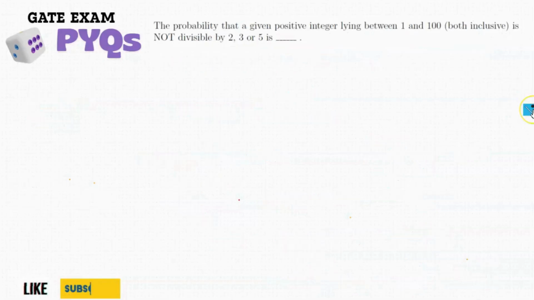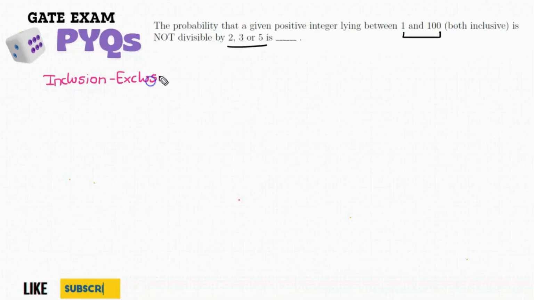In this question, we have to find the probability that a given integer lying between 1 and 100 is not divisible by 2, 3 or 5. So here we have 3 cases. What we have to do is apply the inclusion-exclusion principle.